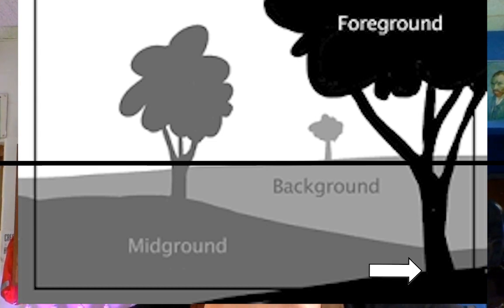When I look at it, I notice that the trees get smaller and they move upwards towards the horizon. I'm reminded of a car driving away from me towards the sunset.